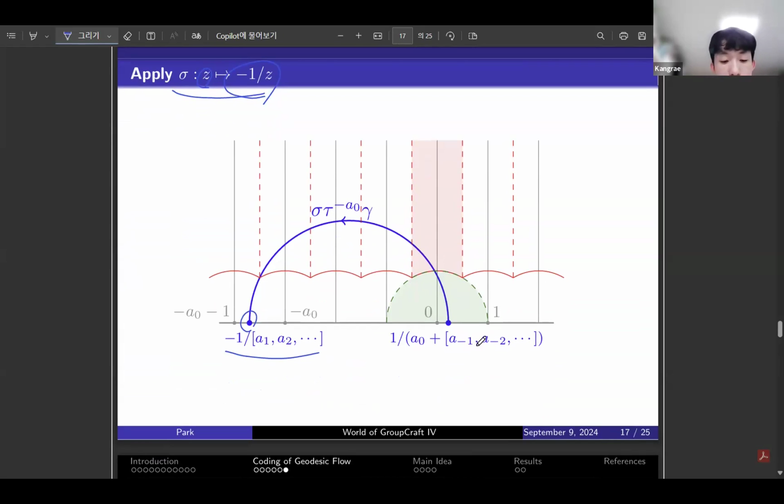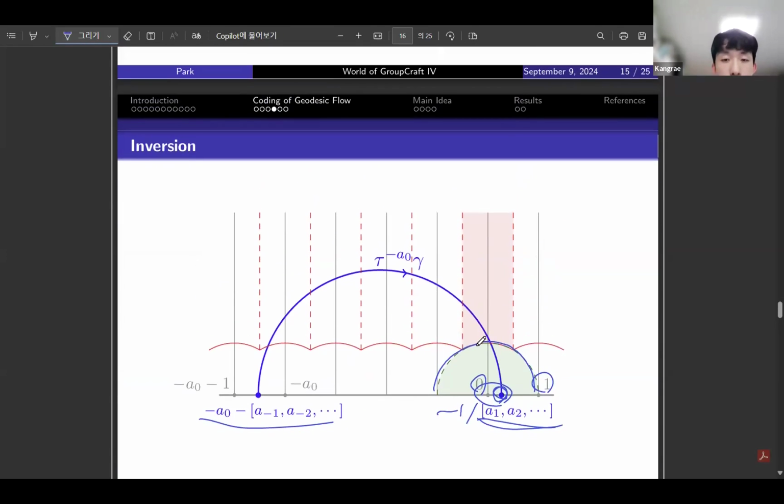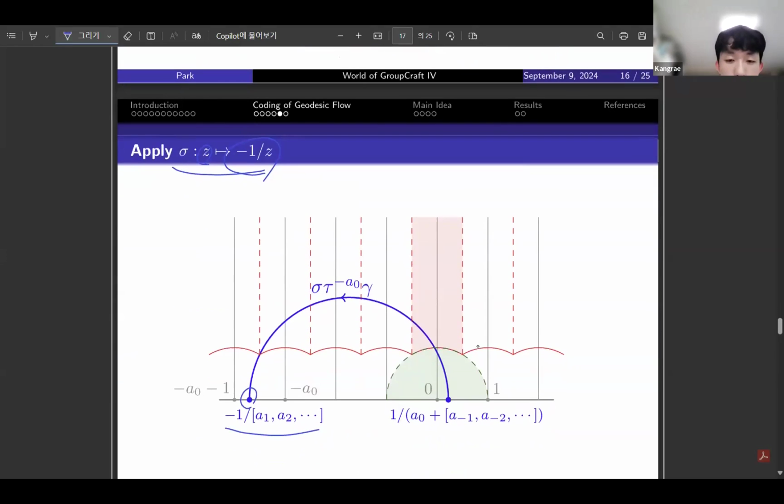And note that this geodesic flow direction changed. Like before it was going to the right, and after it is going to the left.